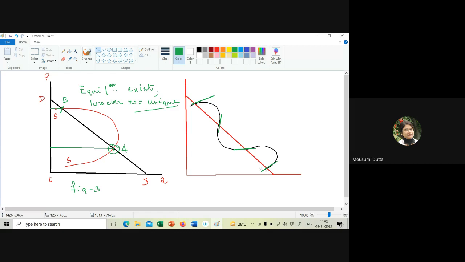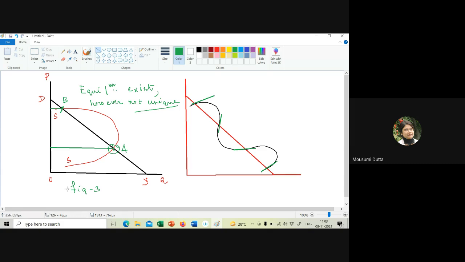So there are points when the curve is positively sloped, negatively sloped, positively sloped, negatively sloped. It is continuously changing the slope because it is meandering, and sometimes it is cutting here, here, here, here. So the curve is moving like this and cutting the demand curve at several points. So it is another example when we have multiple equilibria.